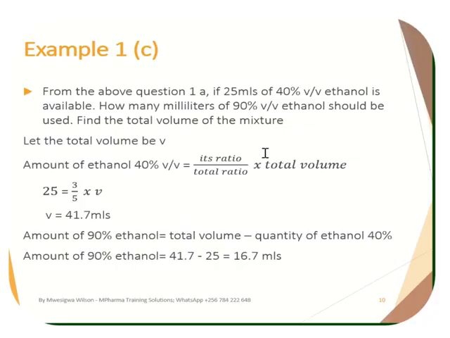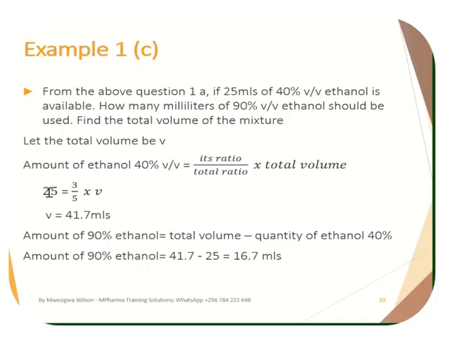So I just get this total volume, I make it V or N later, then 25, then you substitute in the equation, and then this is what you will get. Total volume.